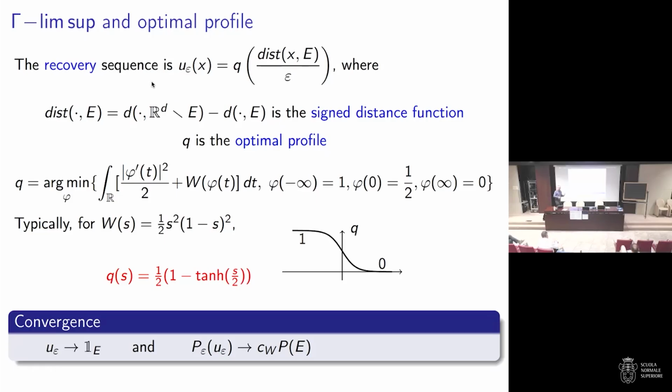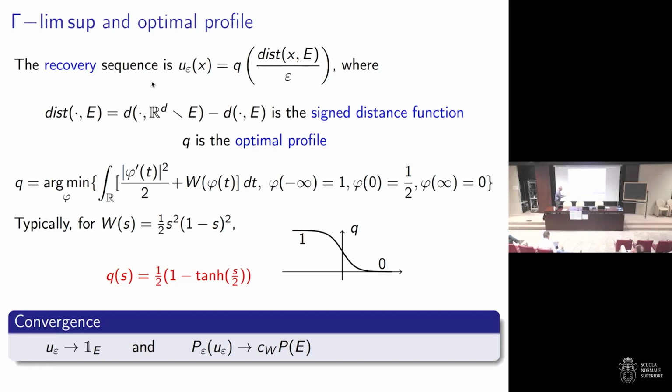So essentially what you're saying is that you want to approximate the characteristic function of your set, but in a way such that around the diffuse interface, you do not spend too much energy. So this is why you're minimizing this energy. And so this is the optimal way to approximate in some sense.